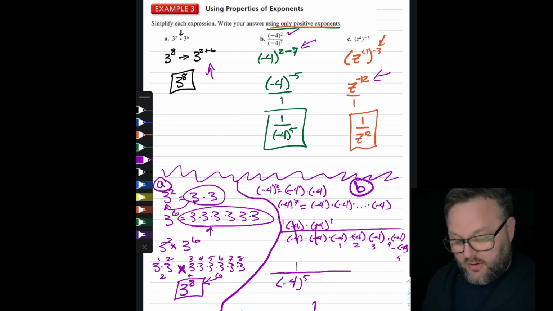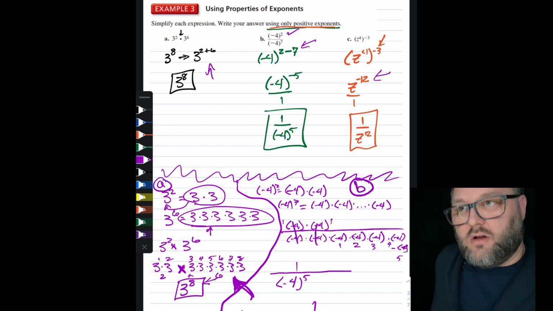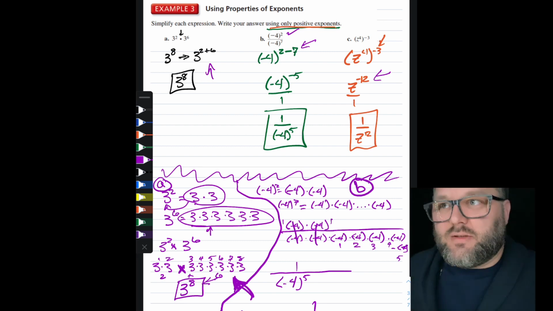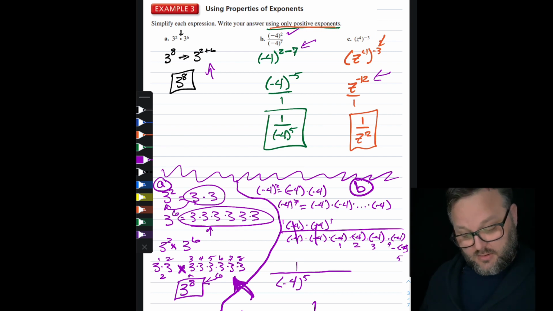Now, I don't have to write all those out because we already showed by example A here that this is just the same thing as the 4 plus the 4 plus the 4, and when we're adding the same number to itself, we just count how many times it is and multiply it. It's the same thing. So that means that this is the same thing as z to the 4 times 3.